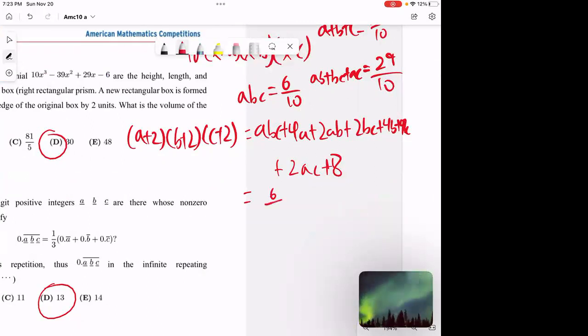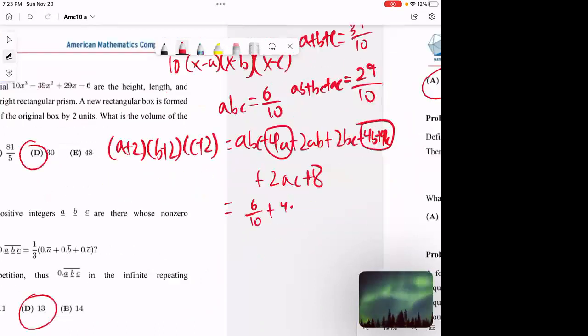So then we can rewrite this as ABC, so 6 over 10, plus 4A, 4B, 4C. So that's 4 times A plus B plus C, which is 4 times 39 over 10, plus 2AB, 2BC, 2AC. So plus 2 times AB plus BC plus AC, right?